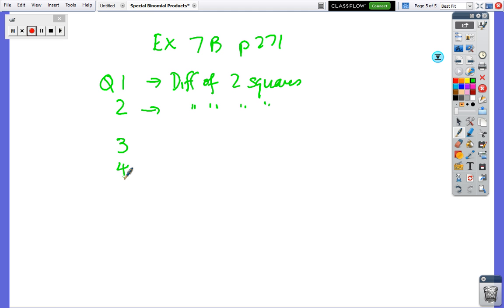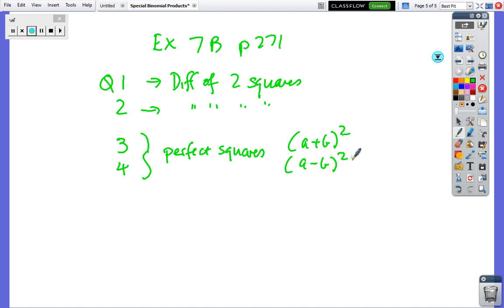Question 3, question 4, and they're the perfect squares. So these are the (a + b) squared and the (a - b) squared. So that's that exercise. Have a go. You don't have to do all of them, just do a cross section. And that's it for the day. Okay, thanks. Bye.